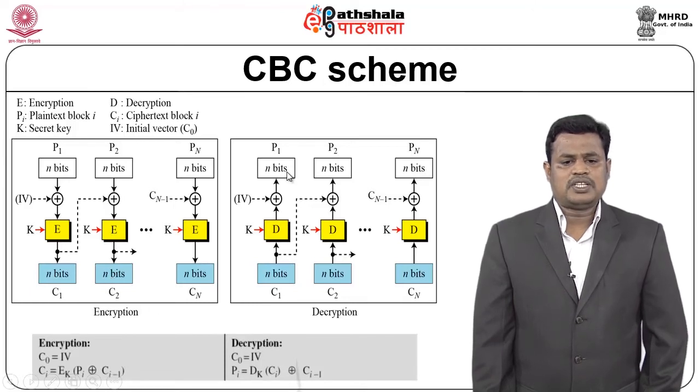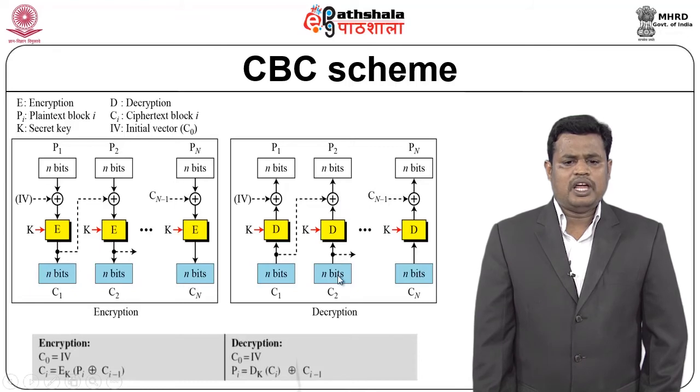The same process is reversed in decryption, where I take C1 and the initial vector C0 equal to IV. This is given to the next block's input for the decryption process.